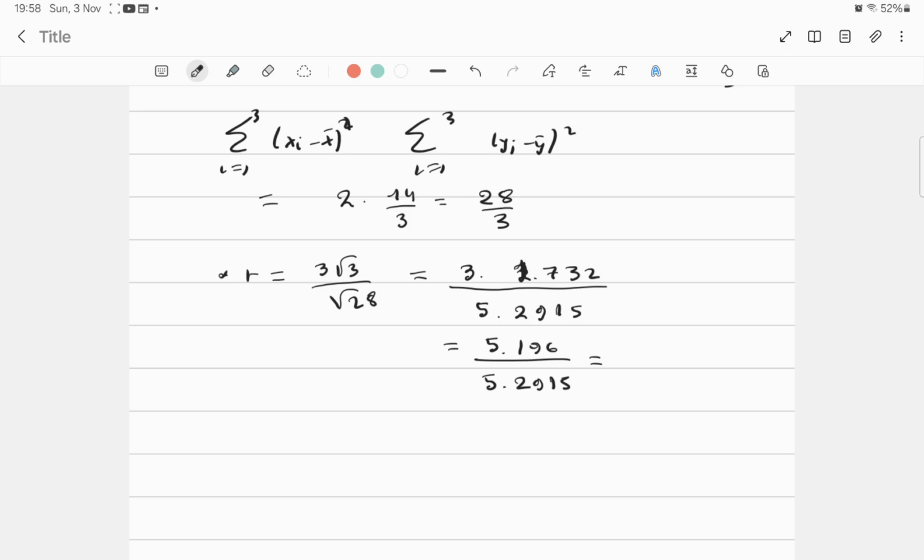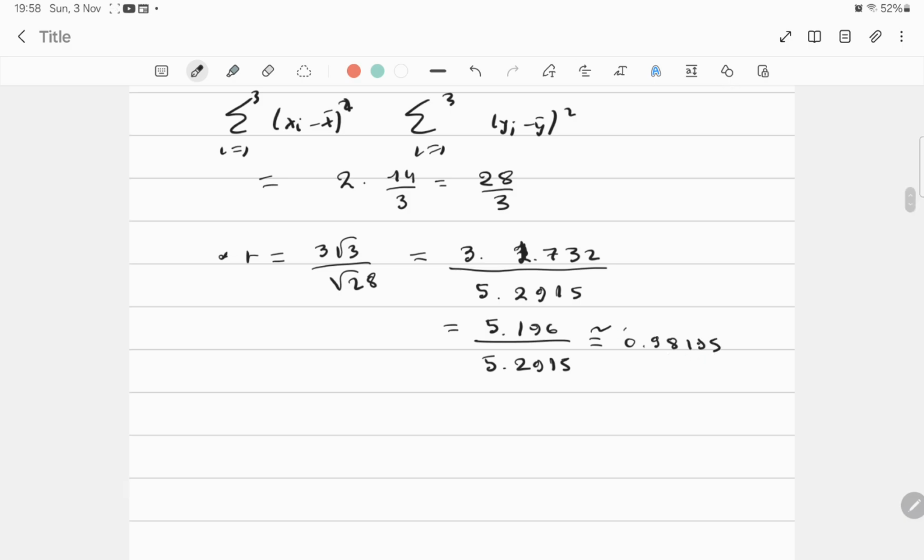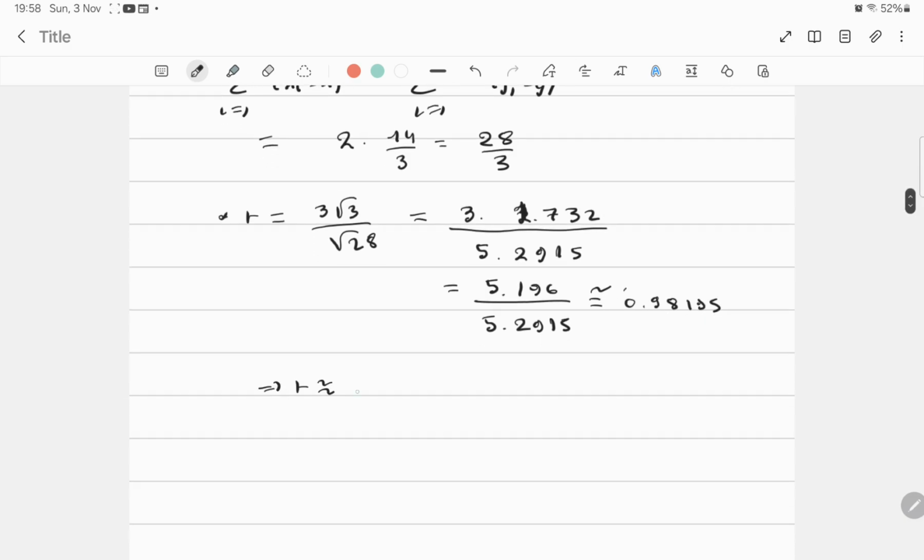It's 0.98195. This is the Pearson correlation coefficient.